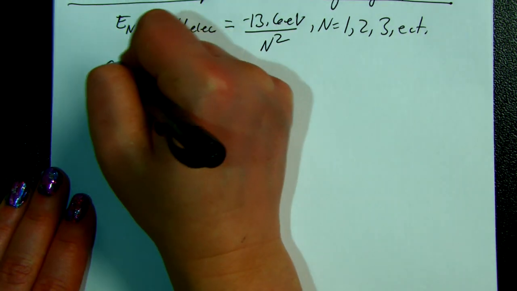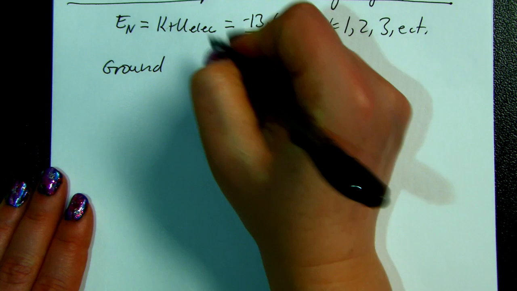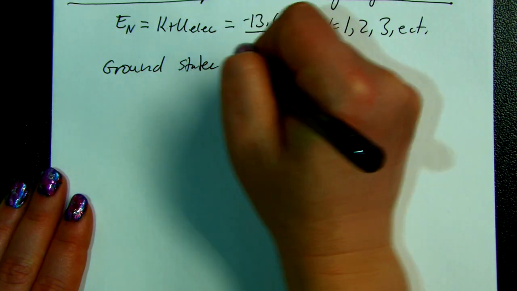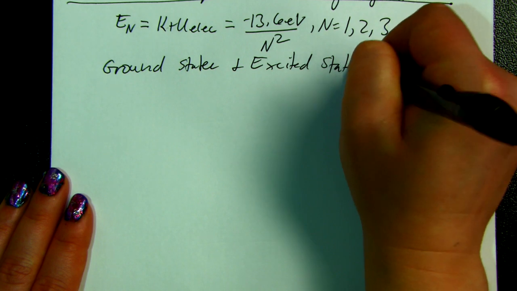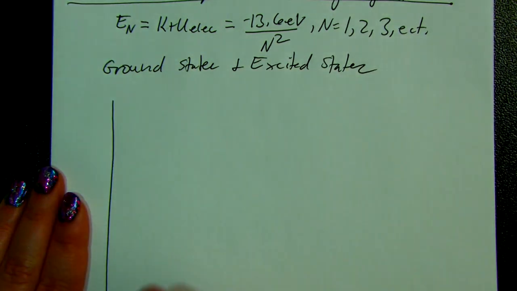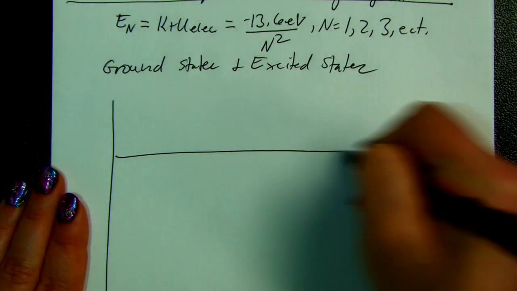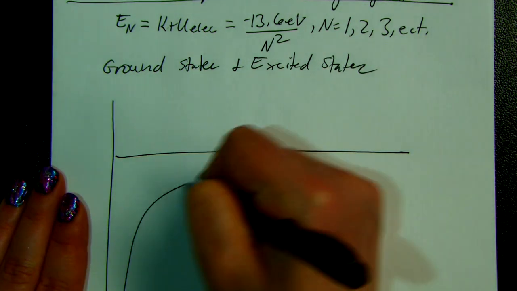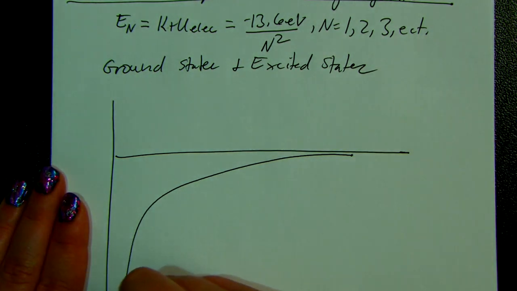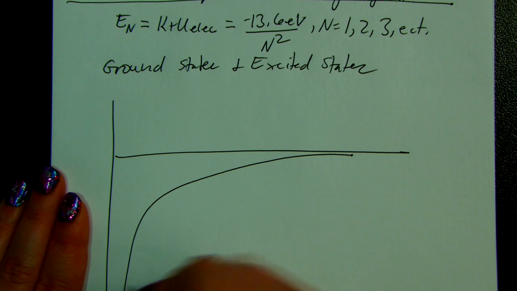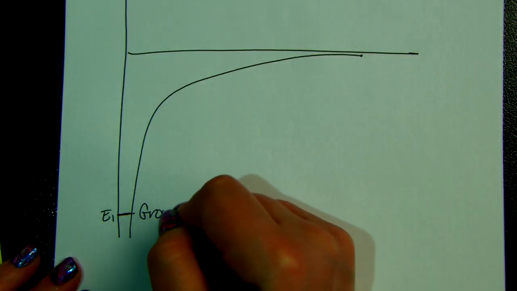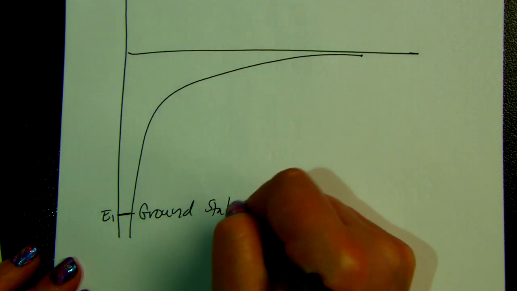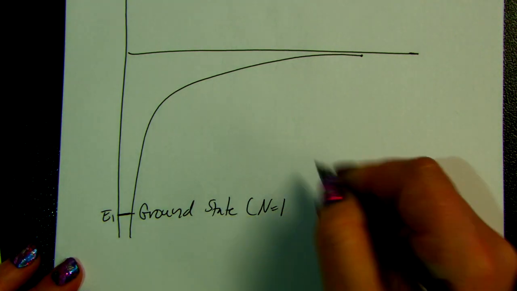So I need to tell you a little bit about the naming structure for ground states and excited states. Once again, let's go back to our energy diagram. The ground state is the lowest energy level, and it is the n equals 1 state.